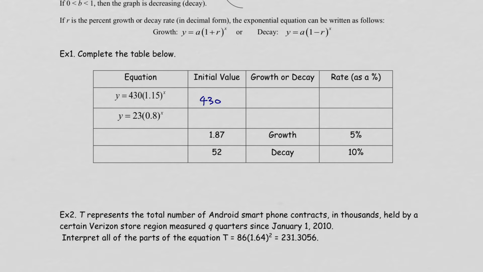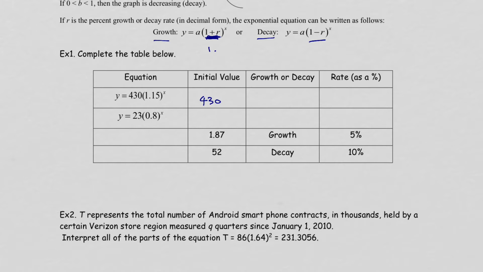Remember, 1 plus the rate is going to be growth, and 1 minus the rate will be the decay. So this is the area of b, right, the multiplication. If your b is 1 point something, that's going to be growth.